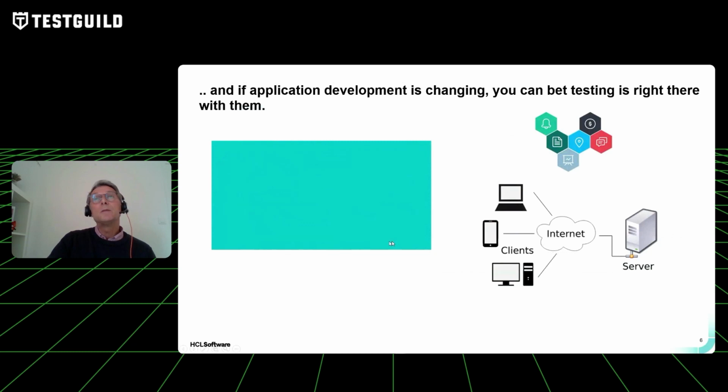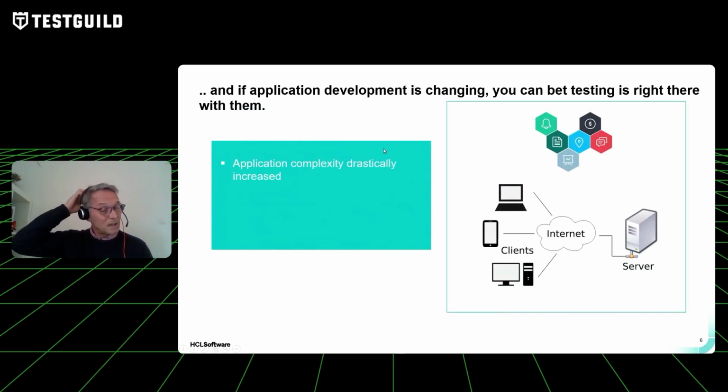How did testing become with that? Applications, as we said, the complexity of those applications increased drastically. So you can imagine that the testing also became more and more complex and more complicated.